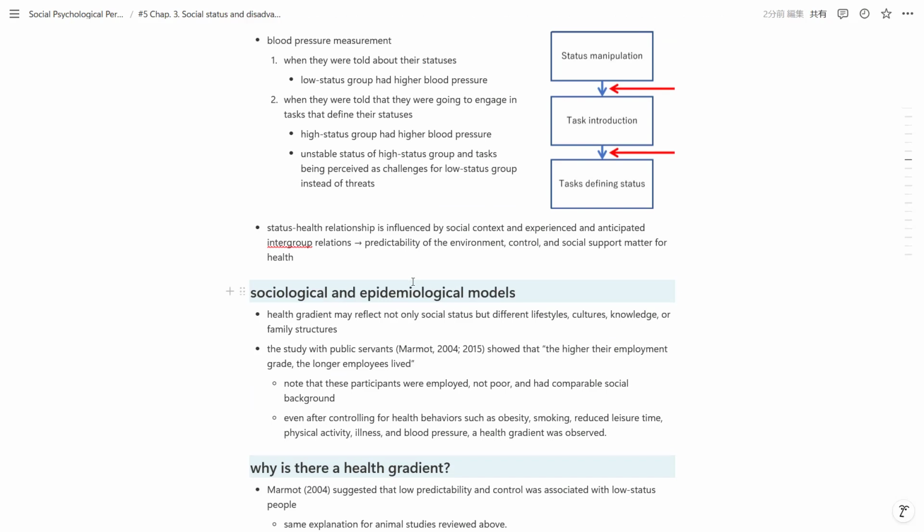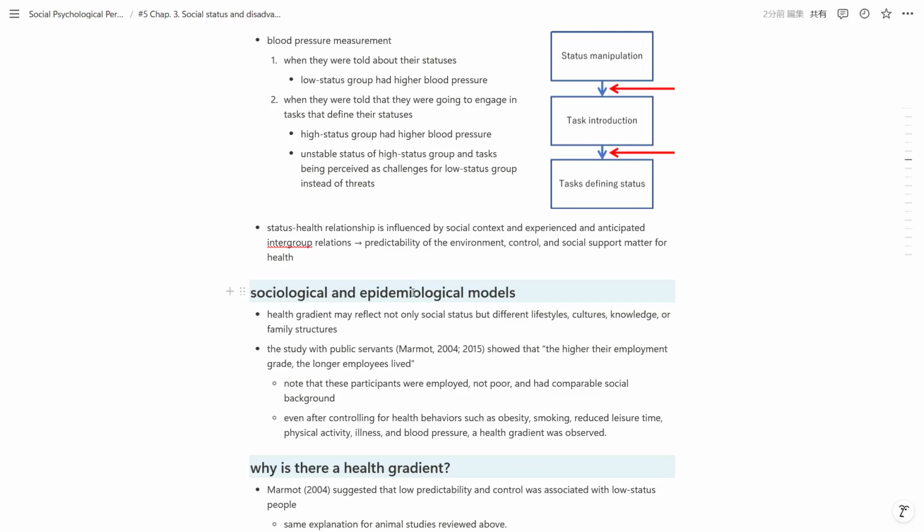However, some research showed that such a link can be found even among public servants with different social status. This study indicates that even if people share similar lifestyles, cultures, and knowledge, there is still a health gradient.